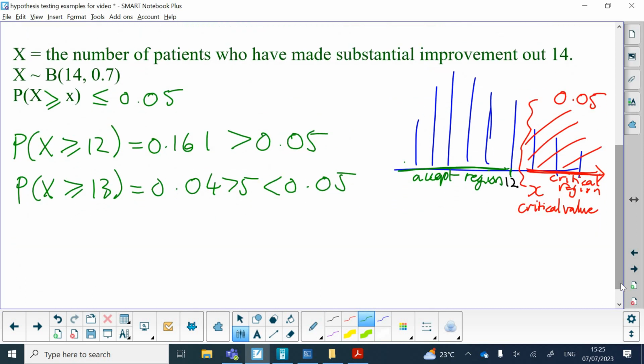So then my critical region would be any x value greater than or equal to 13. We would reject the null hypothesis if x is any number greater than or equal to 13.